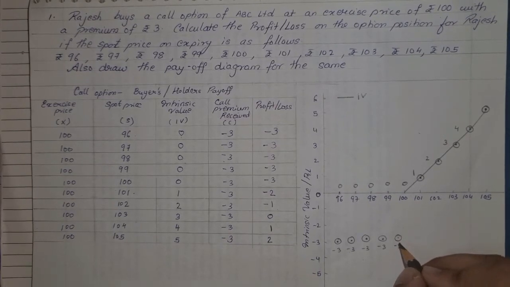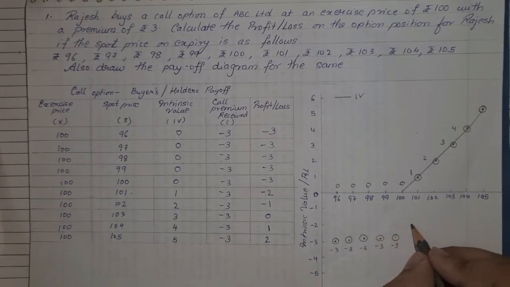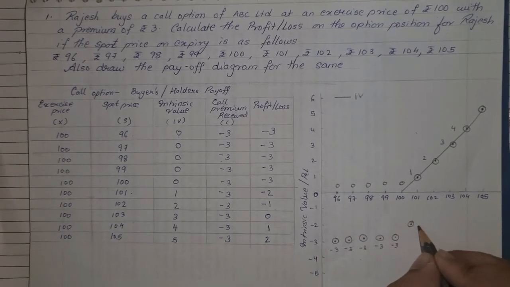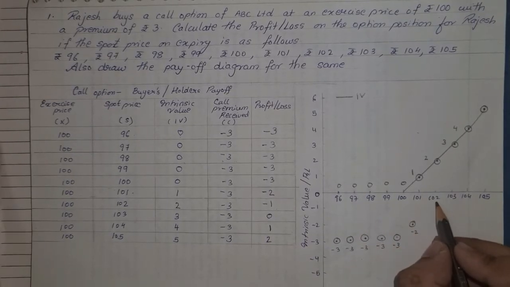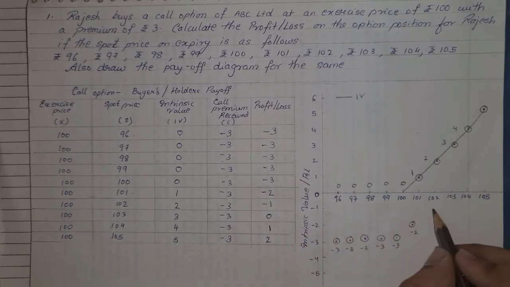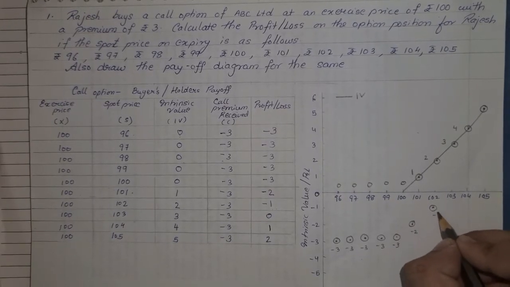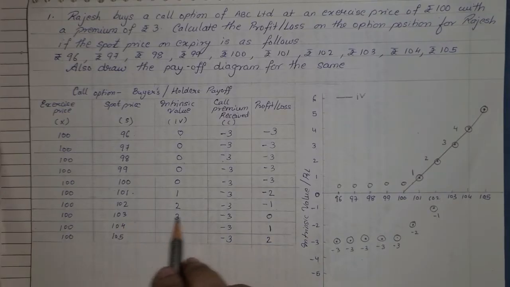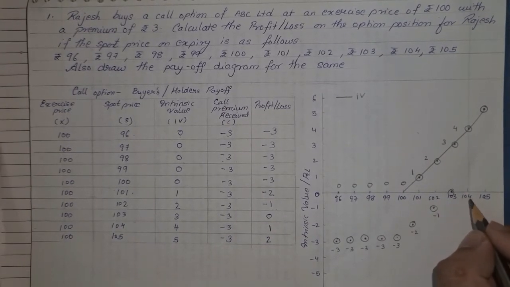Now from 101 there has been an upward shift, that's negative 2. At 102 the loss is negative 1. Now at 103 there is no loss, no profit, so it is at an equilibrium price.